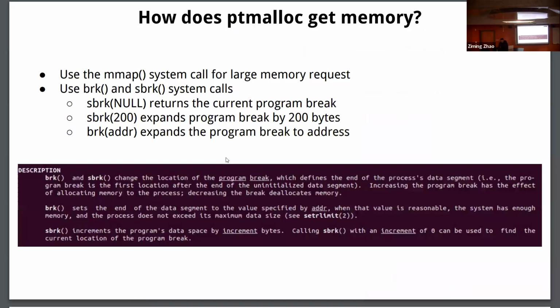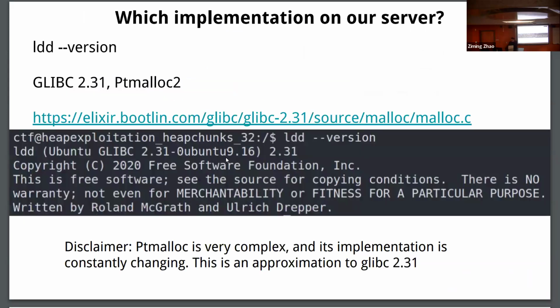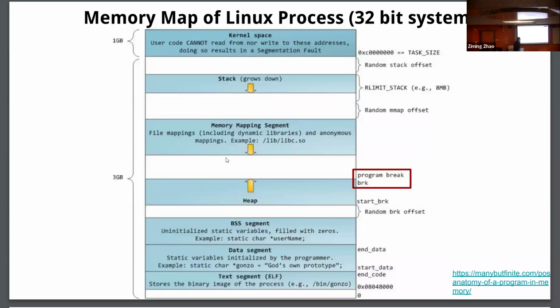It can call either sbrk or brk system call to do that. If we call the sbrk system call, it can move the program break up. Under the hood, the kernel will actually allocate memory for you for those places.